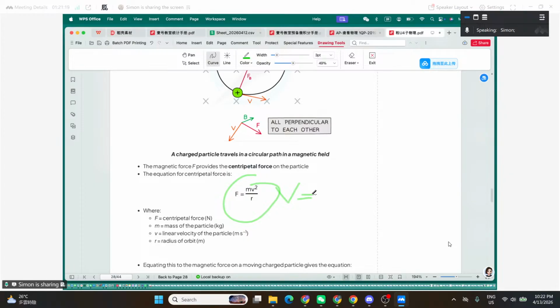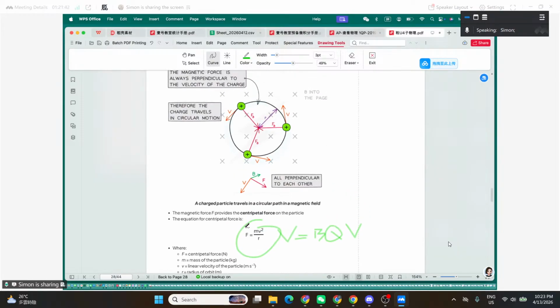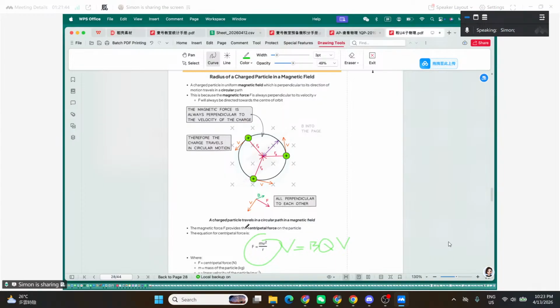The magnetic force for the charged particle is the field density times the charge quantity and the velocity, right? And we combine this. So we know in this magnetic environment, the charged particle will do circular motion.